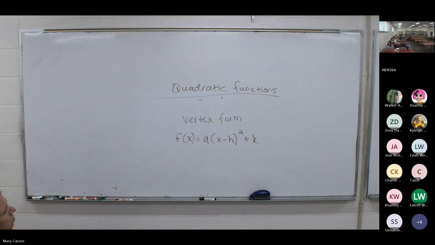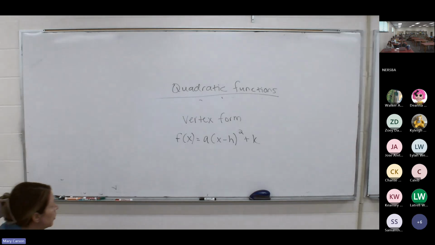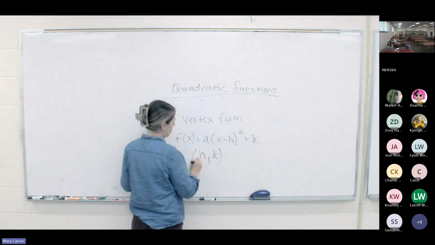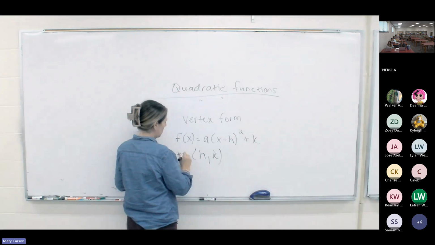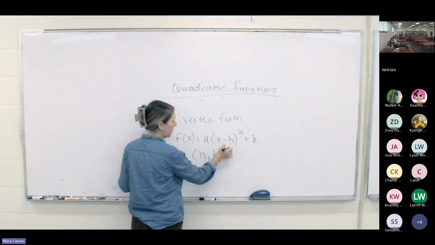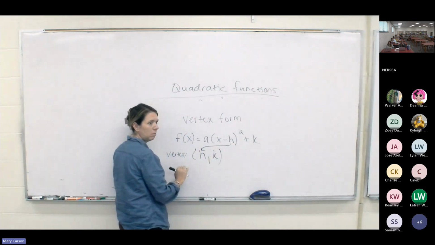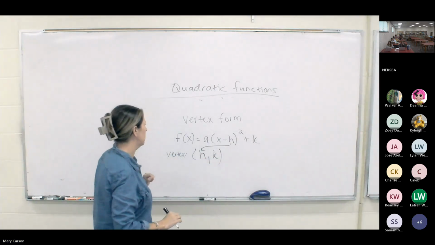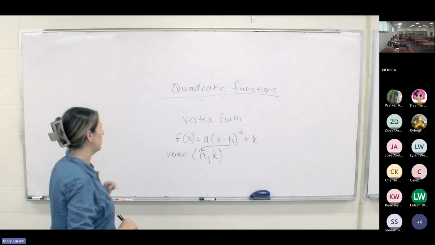What else can you pick out? The A value is still the same. Y-intercept is still the same, except it's a K value instead of a C. So on this, the positive HK value is your vertex. People forget that. So you have to pull out the opposite here. It's the opposite sign. And then your K value is the other part of your vertex.